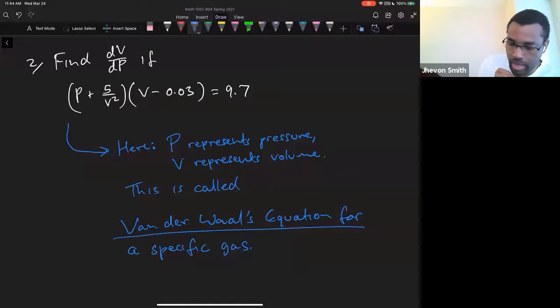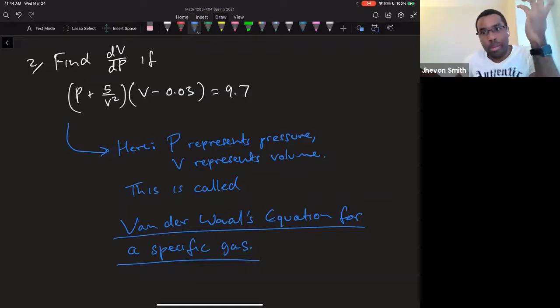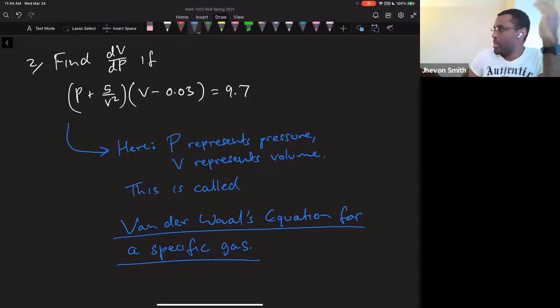So it's a thing in chemistry, and so I just wanted to give a somewhat real world example, not just something I made up, but something that actually comes from someone studying something in the real world in science, and they come up with a relationship where the two things that they care about, pressure and volume, are kind of commingled together.